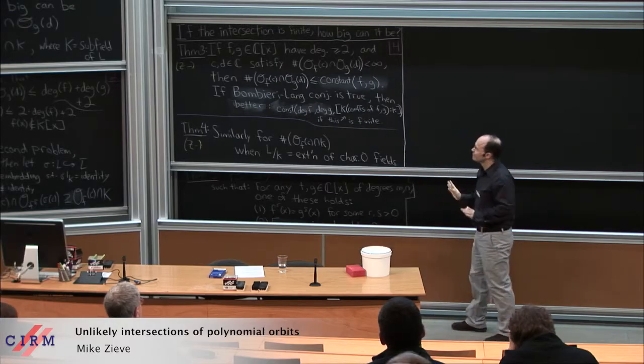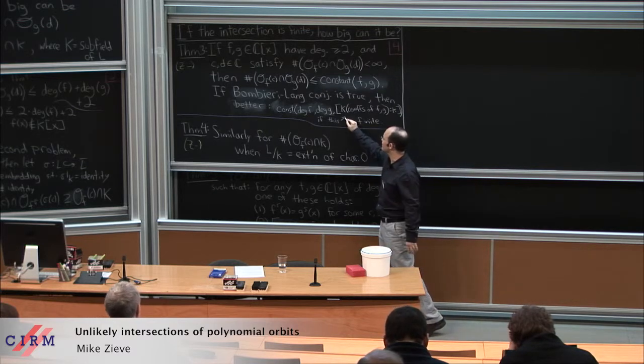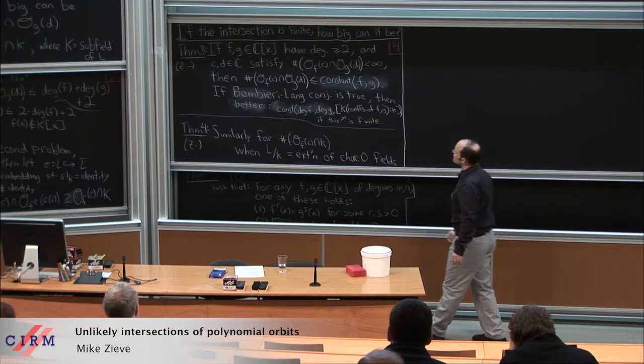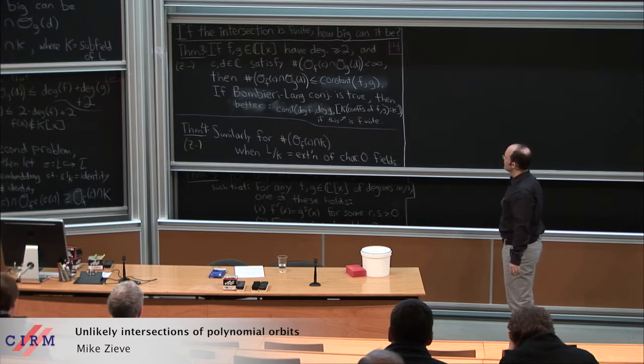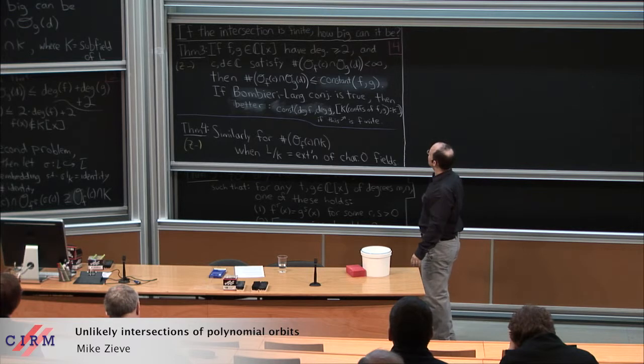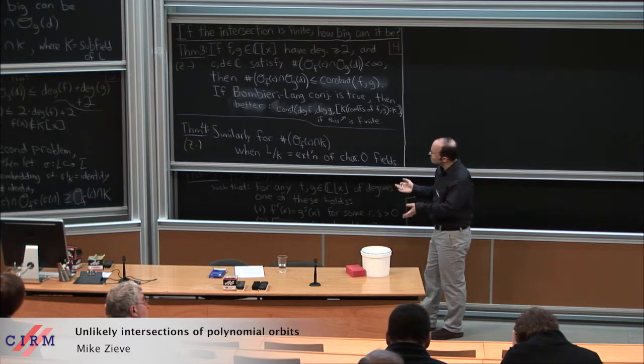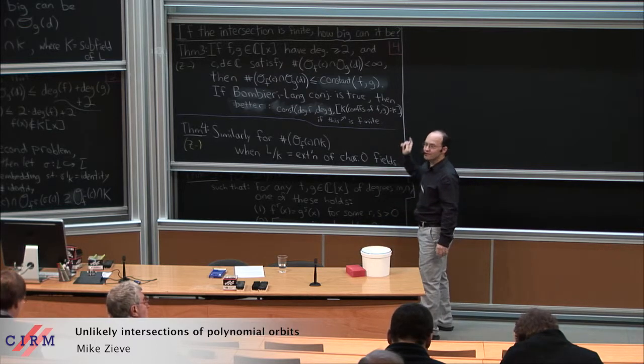You can probably do something when the degree is infinite, but I haven't worked that out yet. Okay, so there's some amount of uniformity, but there's still some ways to go.